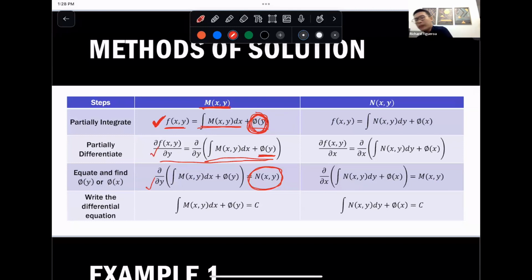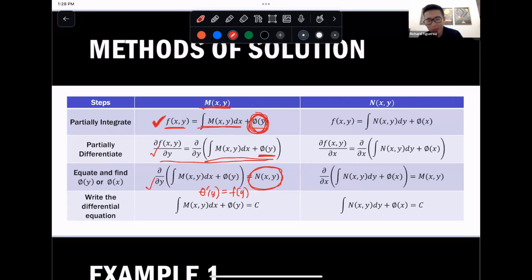The last step is, pag inequate mo na siya, you'll get phi prime of y equals a function of y. Our objective is to integrate this to find phi of y, and afterwards we write the differential equation.